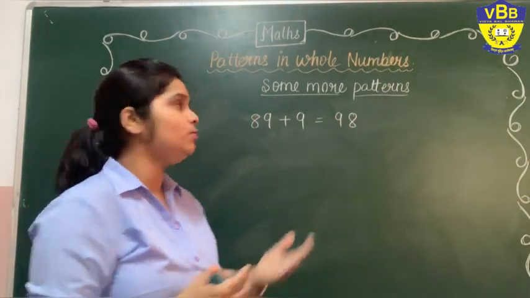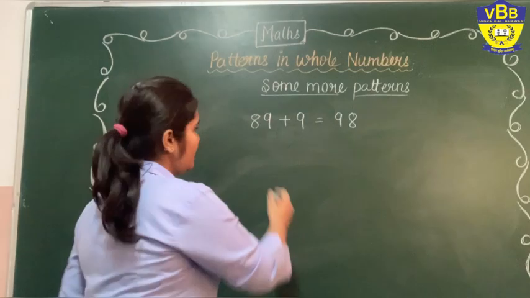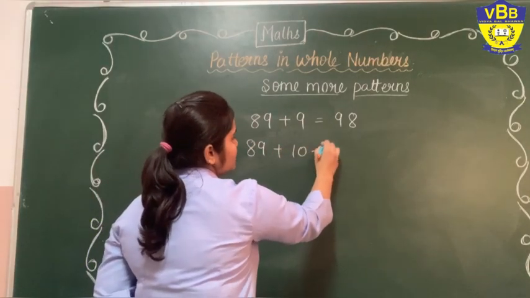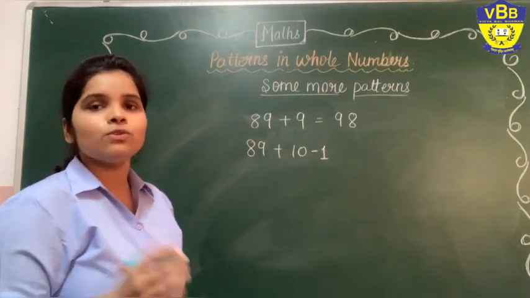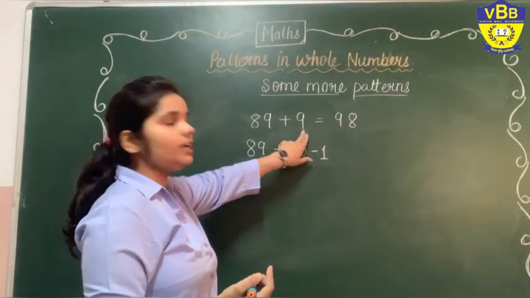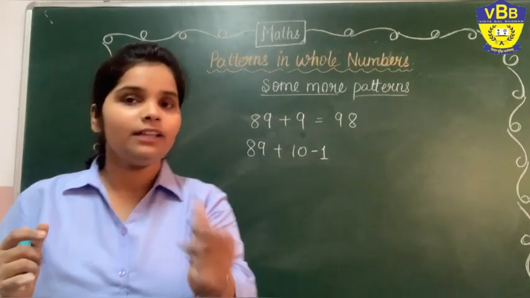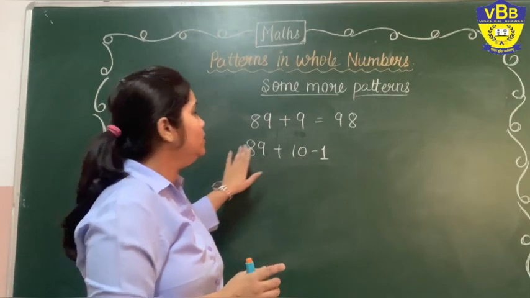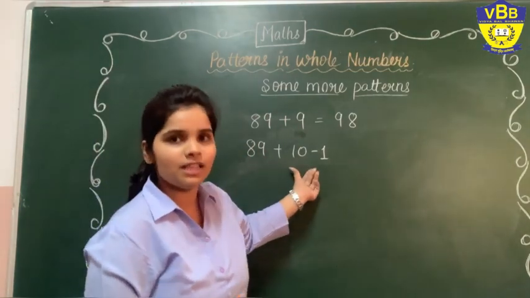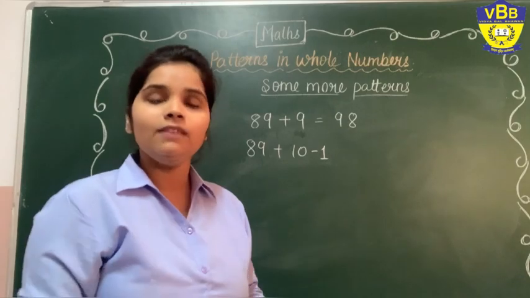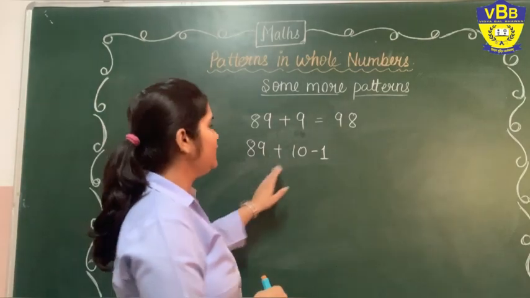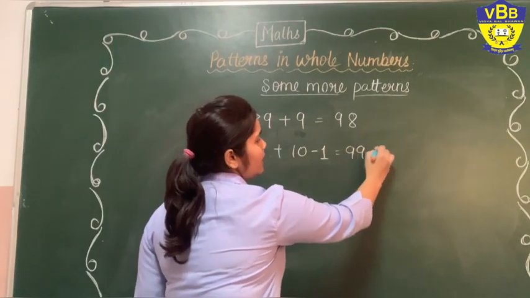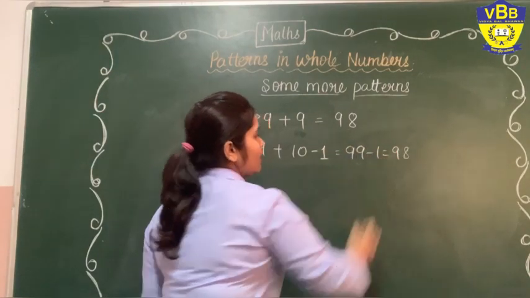But what we can do, if we follow one pattern, is change this 9 as 10 minus 1. So for adding 9, we can simply add 10 to the given number. Like 89 plus 9, I will add 89 plus 10, that is 99, and then subtract 1 from it. 99 minus 1, that is 98.